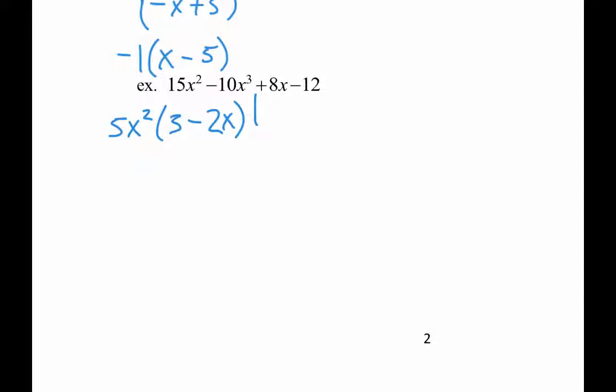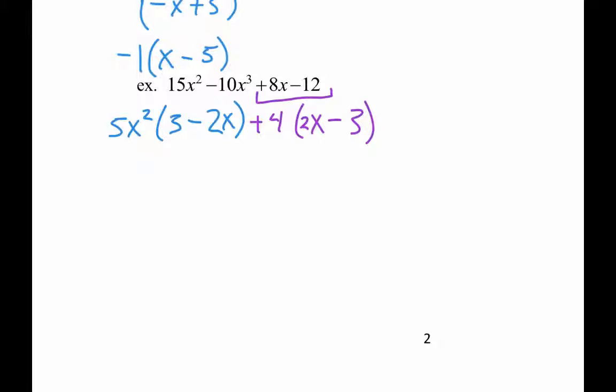So I'm up to there. Still with me? Now for this second binomial, I can pull out a positive 4, so I'm going to do a plus 4. And now I'm left with a 2x minus 3. Oops, not x minus 3, 2x minus 3. 8x divided by 4 gives me the 2x, and negative 12 divided by 4 is negative 3.